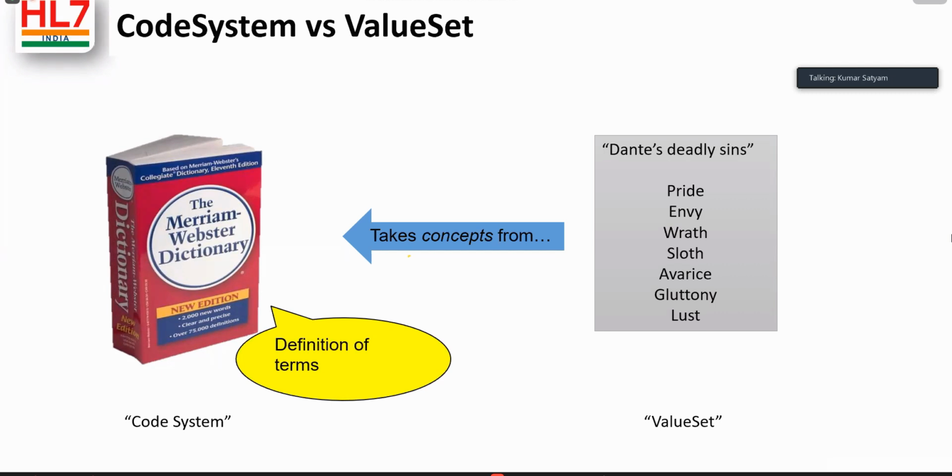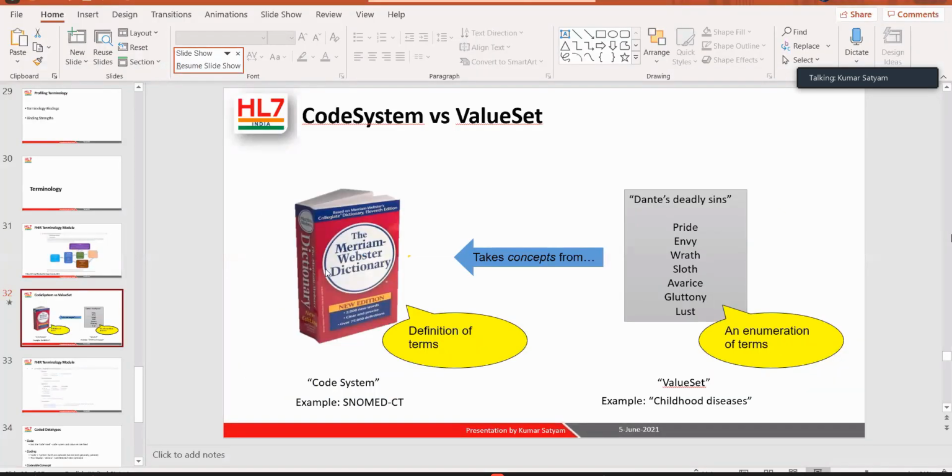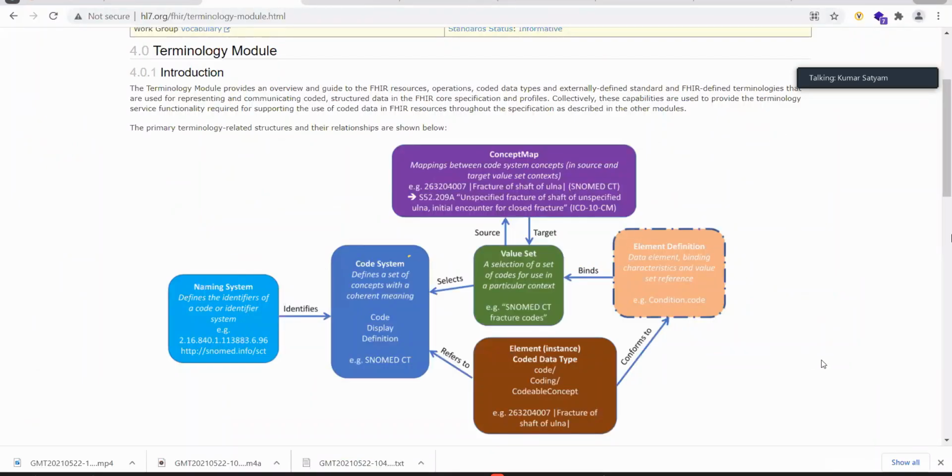A code system is actually a system which has a lot of codes, with definitions of terms. The next one is a value set. What is a value set? It is a subset of the codes coming from one or more code systems. Did you understand the difference between a code system and a value set?